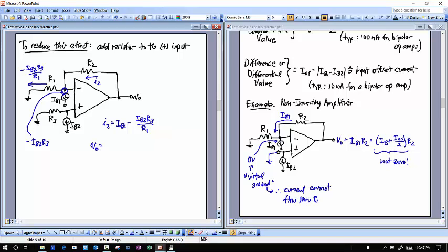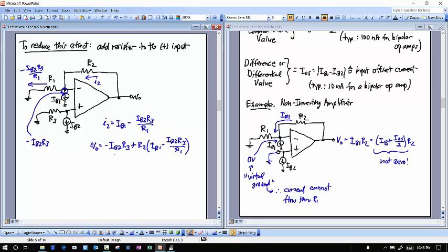is going to be equal to minus IB2 times R3 plus R2 times (IB1 minus IB2 times R3 over R1).